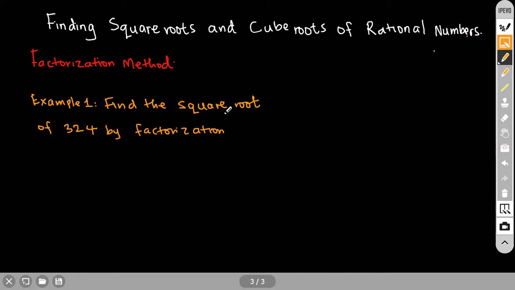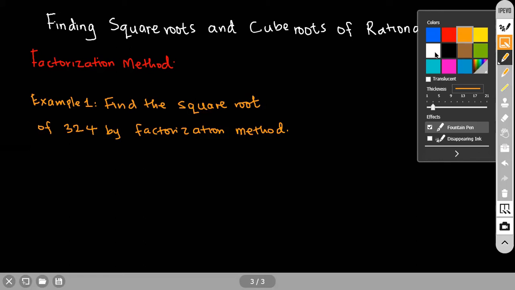Okay, find the square root of 324 by factorization method. Okay, so let us right away get the solution.